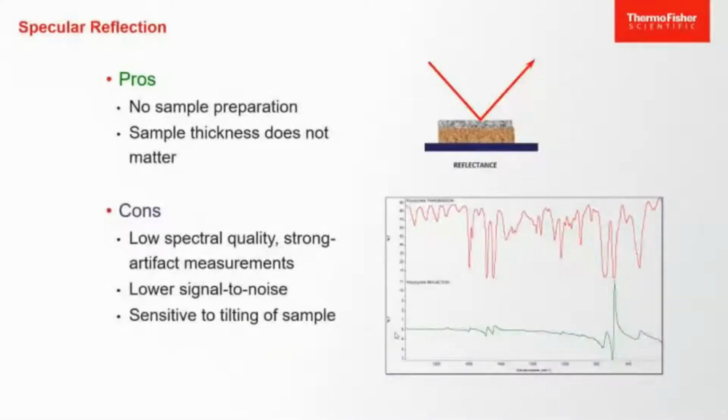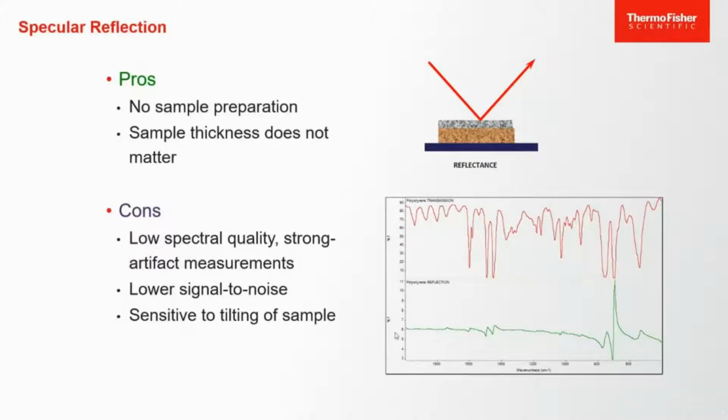I'm sorry. The pros of specular reflection is there's no sample prep. You basically just hit the sample with the IR beam and you collect the data that comes back. So the sample thickness in specular reflection doesn't really matter. The cons are that you get low spectral quality and you can see some very strong artifacts.